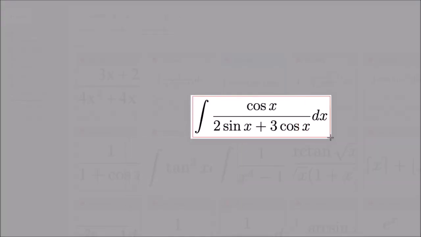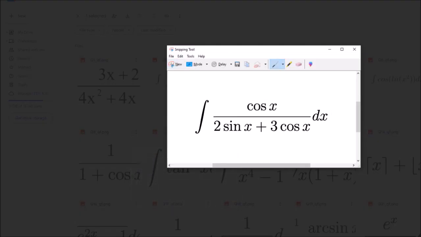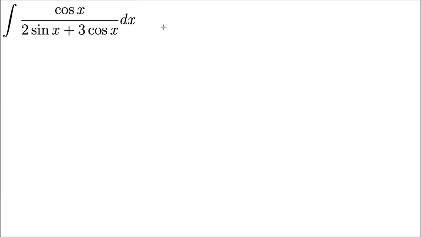I don't feel like doing Weierstrass. Here, let me do a quick check. If I go 2 tangent x, oh, but then I'll end up like this. Okay. Damn. Secant squared.